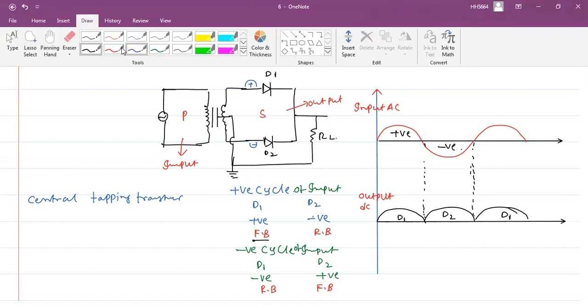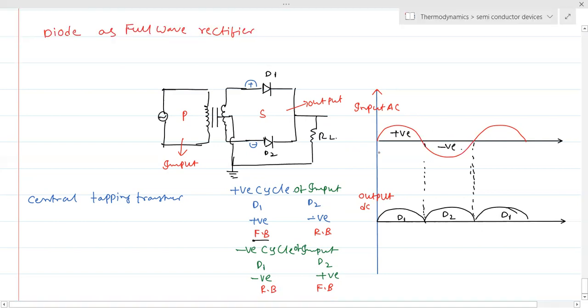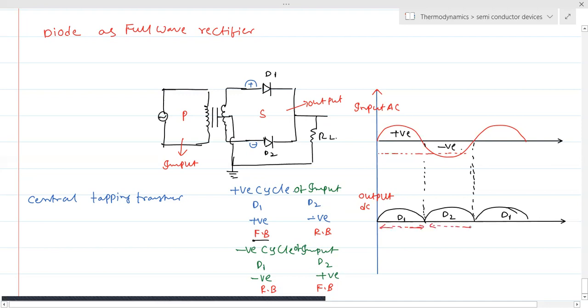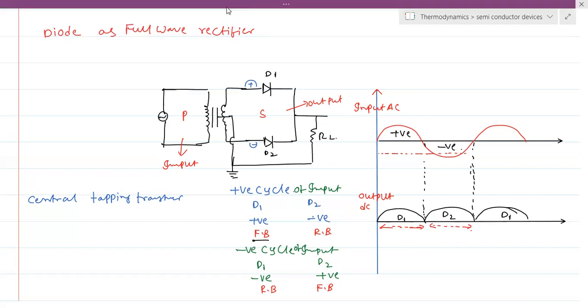Suppose we observe the situation for one full wave of the input. It completed one oscillation, but you can see that during this time the output completed two oscillations. This is one oscillation and this is another oscillation. So the output has double the oscillations of the input.